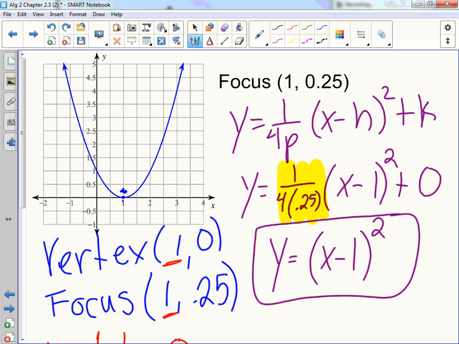Because 4 times 0.25, well, 0.25 is almost like a quarter, isn't it? How many quarters in a dollar? 4, so it reduces to 1. So we'd have 1 over 1, which is just 1, and we don't normally write the number 1, so this simplifies down to just y equals x minus 1 squared.